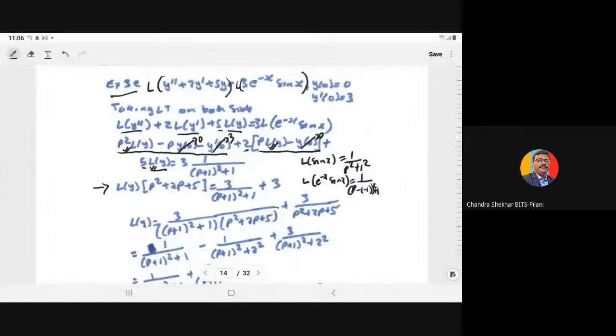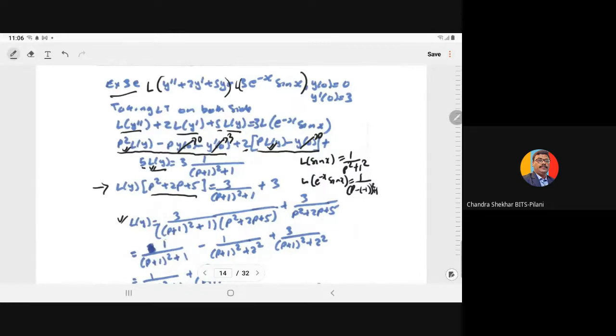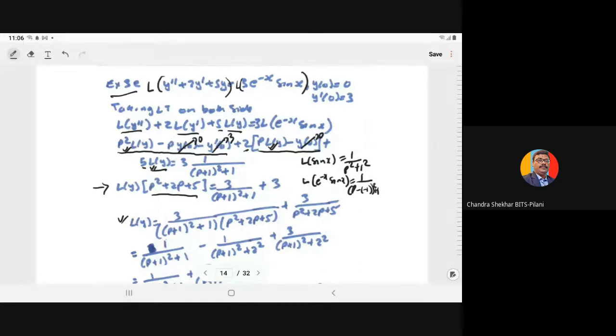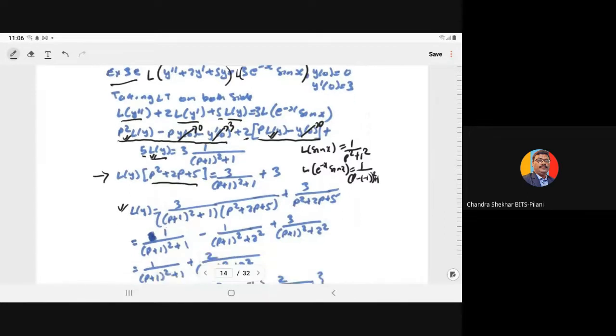So L of y can be written as 3 upon p plus 1 whole square plus 1, into p square plus 2p plus 5, plus 3 upon p square plus 2p plus 5.